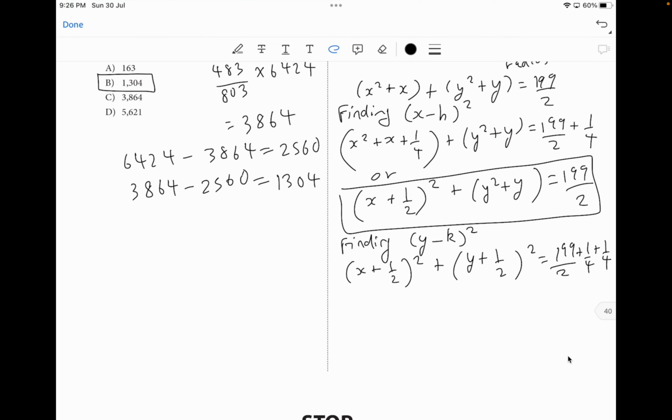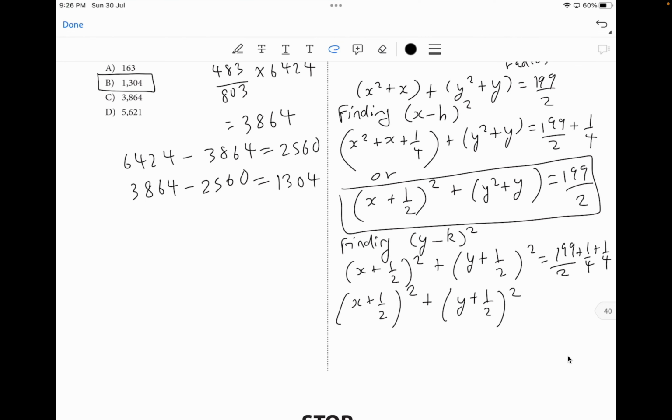When you do both sides, we're going to get a final equation. That should give us x plus half squared plus y plus half squared.